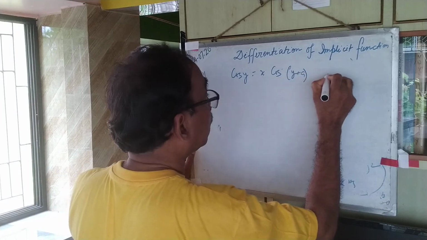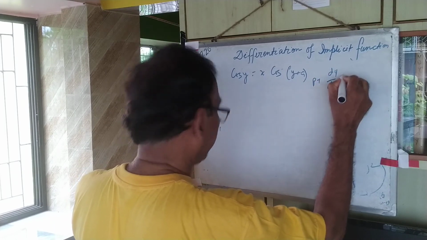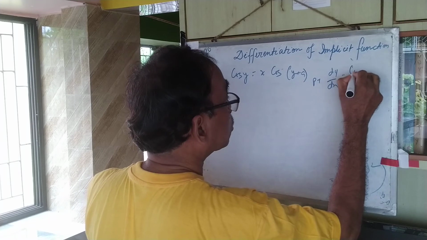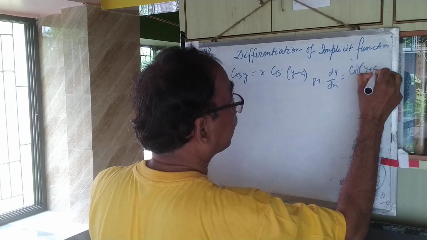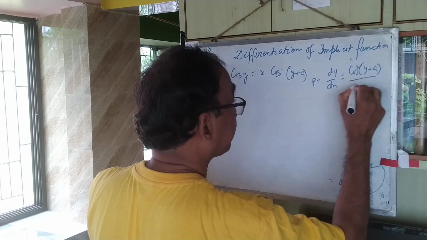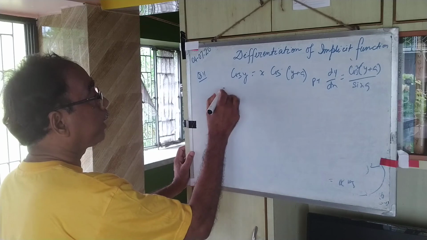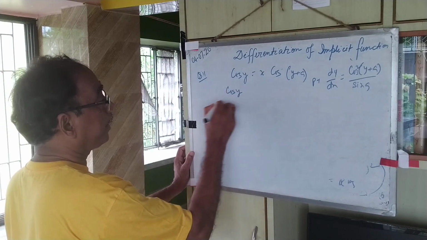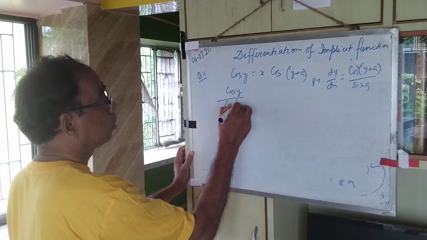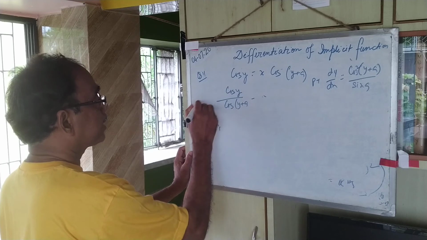Prove that dy by dx equals cos square y plus a by sin a. It is just like the previous sum. Similarly, you have to write cos y by cos y plus a equals x. That is x equals this.